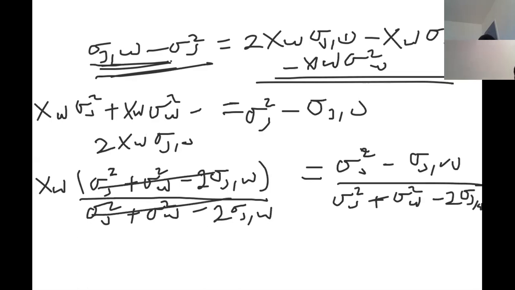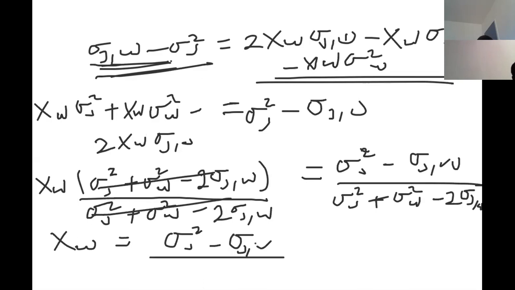Then I'll have my XW as equals to variance of J minus covariance between J and W, all over variance of J plus variance of W minus 2 covariance of J and W.